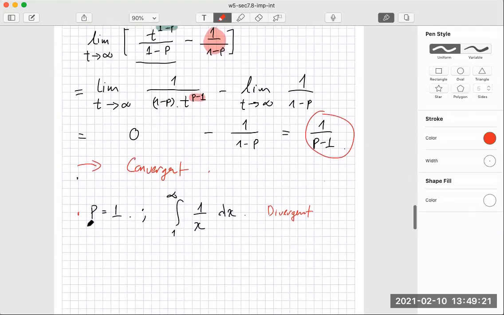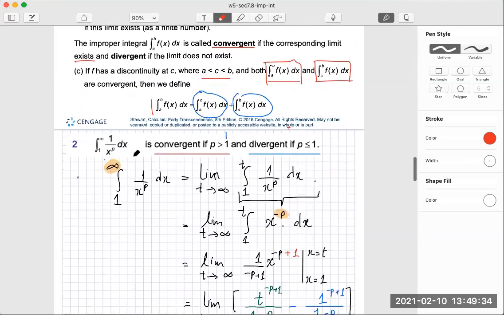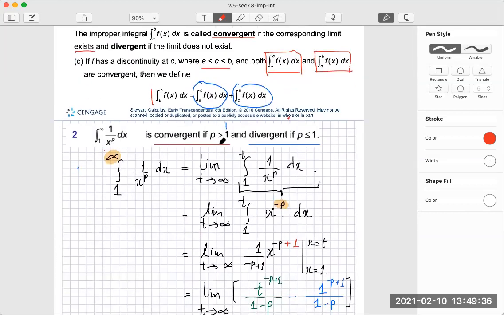And here, this is p equal to 1. It's a different way to write this inequality. So anyway, we have proven these properties, right? From now on, you can use these properties when you see this function.